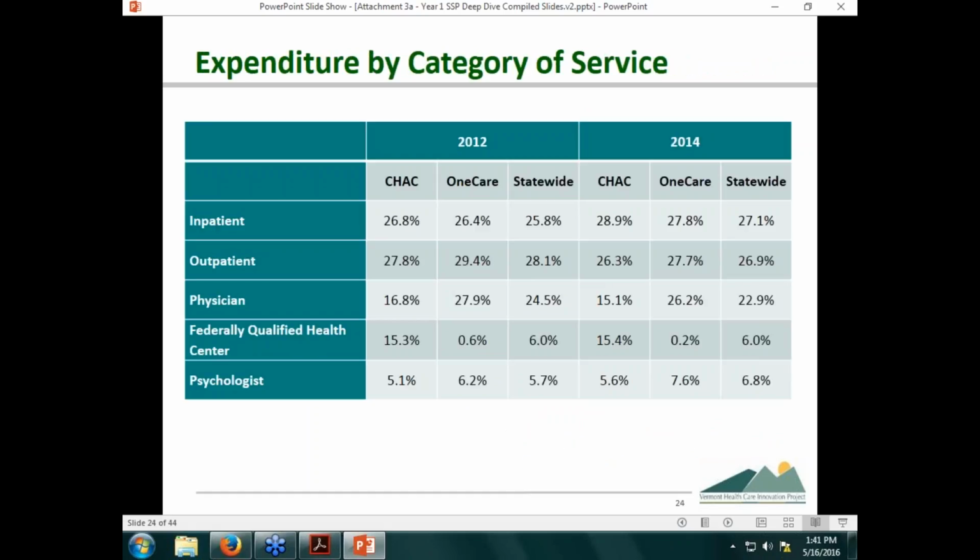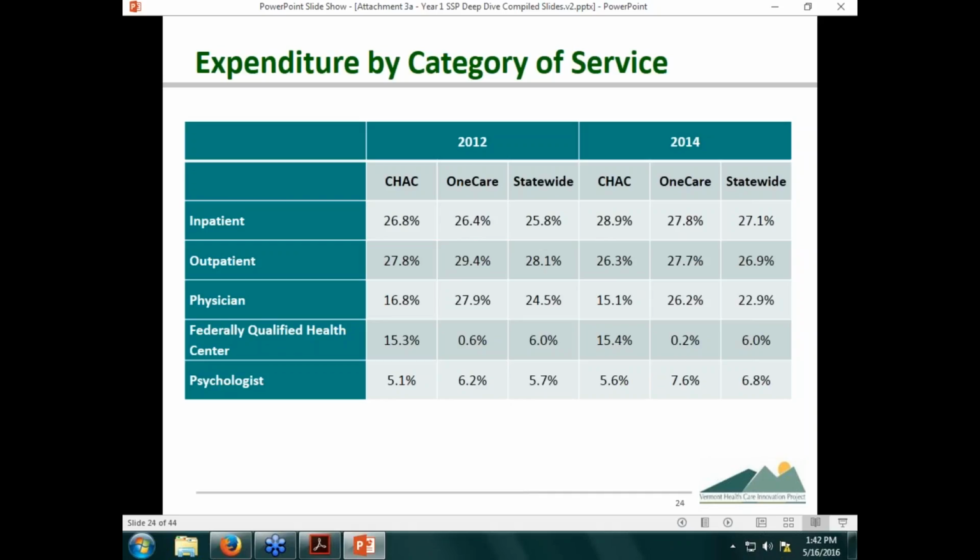So one of the other things that we started to look at was expenditure in certain categories of service. There's a more comprehensive table in the report, and I'm happy to direct you to that for additional information if you're interested. But this slide extracts the 5 categories of service that comprise the majority of ACO total cost of care expenditure.